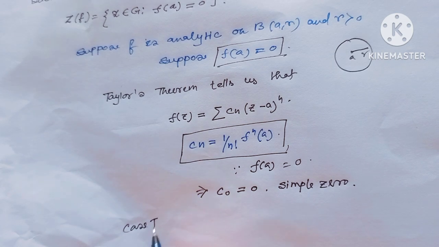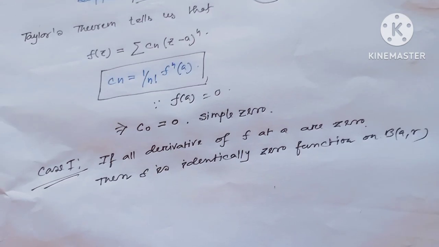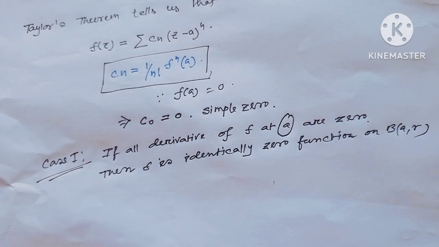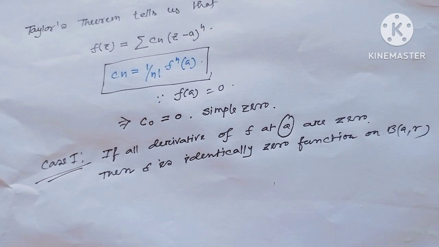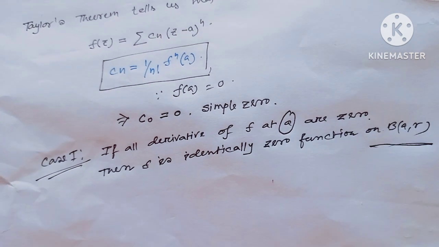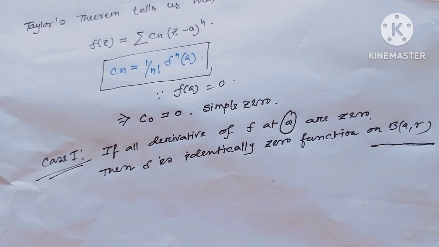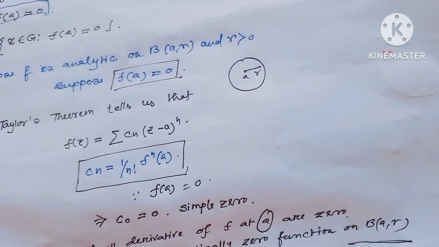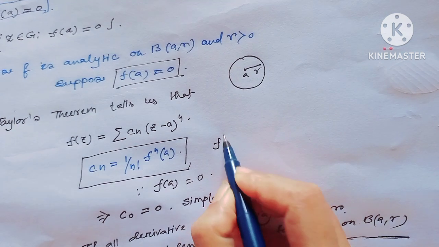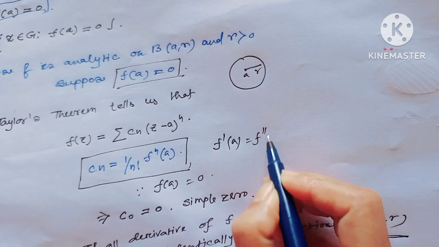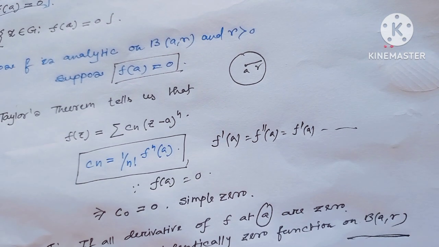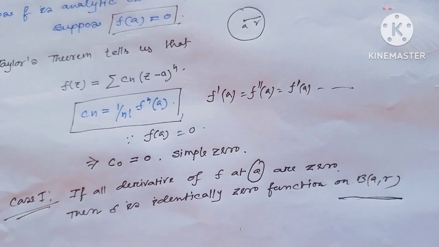Case 1: if all derivatives of f at the point a are 0, that means f'(a), f''(a), f'''(a), and so on, all derivatives are zeros, then f is called identically 0 on the set B(a; R).